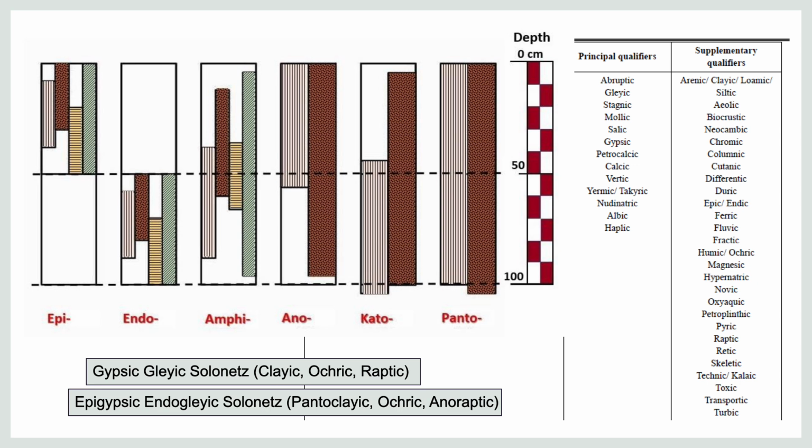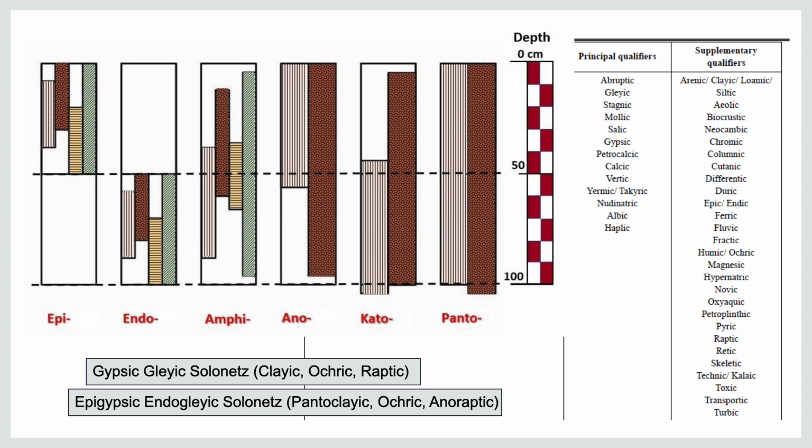But we also can add more information when we use some prefixes that could be added to the principal and supplementary qualifiers. So both qualifiers could be added according to the occurrence of each of these qualifiers. So for example, if we have one specific diagnostic horizon or diagnostic property that occurs between 0 and 50 centimeters.